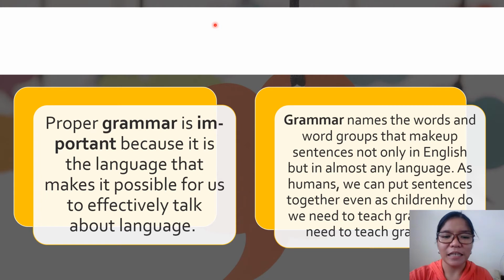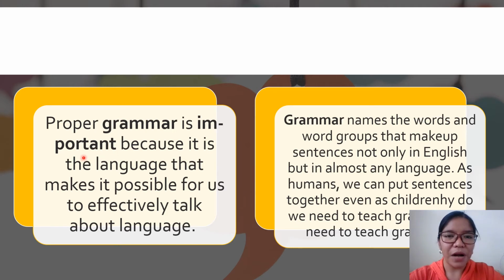Grammar is needed because it helps to avoid confusion and makes us better communicators. We acquire our language rather than learn it, and knowing the rules of our language will hopefully help us to have a better understanding of our language.